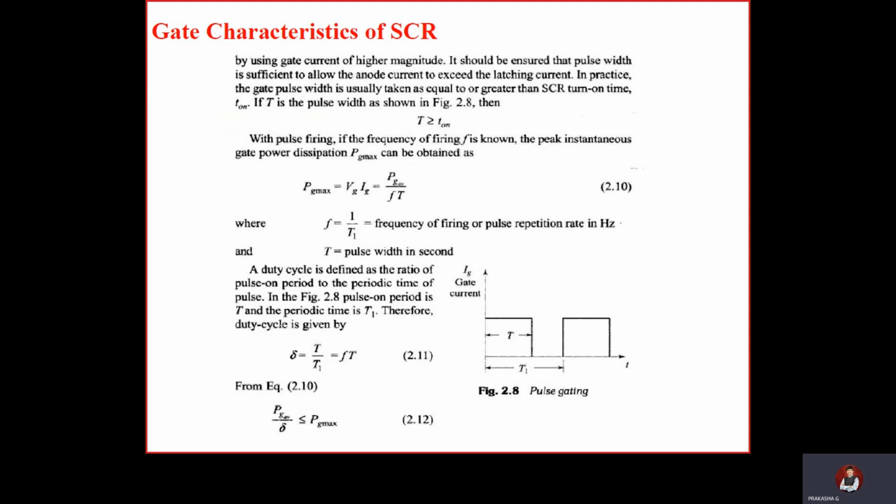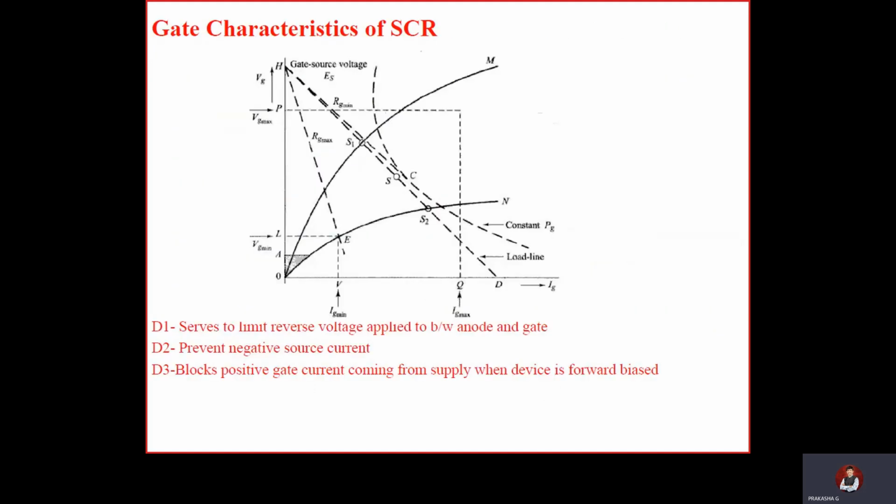In practice, the gate pulse width is usually taken as equal to or greater than the SCR turn on time. So you should know T should be greater than the turn on time. T means pulse width. It should be greater than the turn on time itself. Has anything been given here? T, no, it's not been given here.